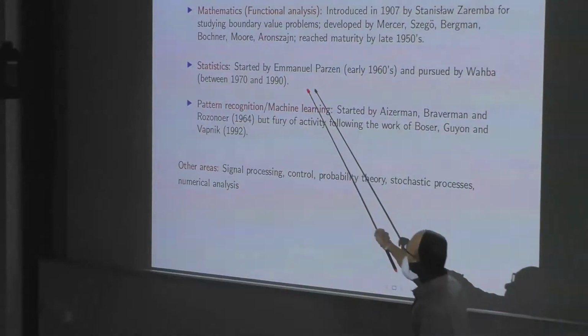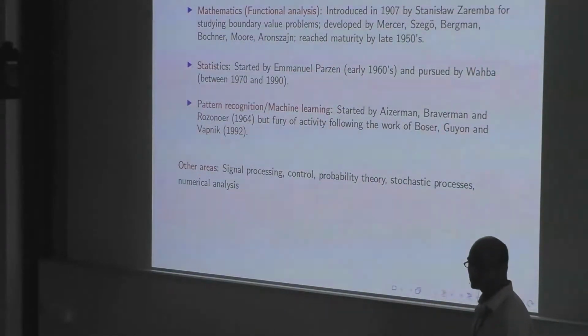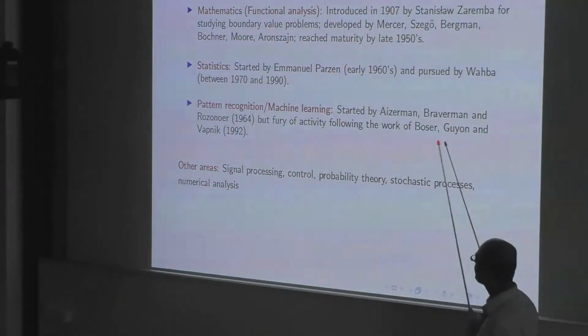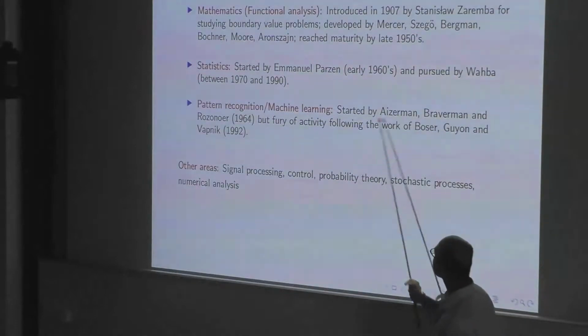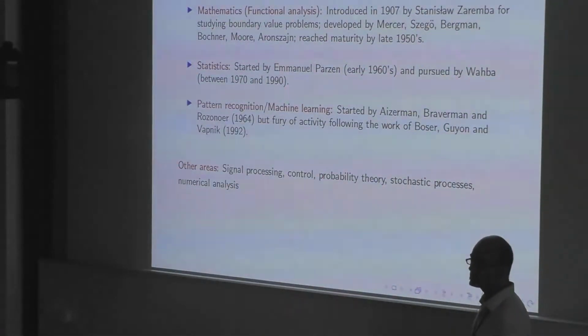And interestingly, by the time she probably finished most of her significant works, the pattern recognition and machine learning people seem to have picked it up. I mean, by 92, there was the important paper by Boser, Guyon, and Vapnik. And since then, there has been a furious activity on kernel methods in machine learning.